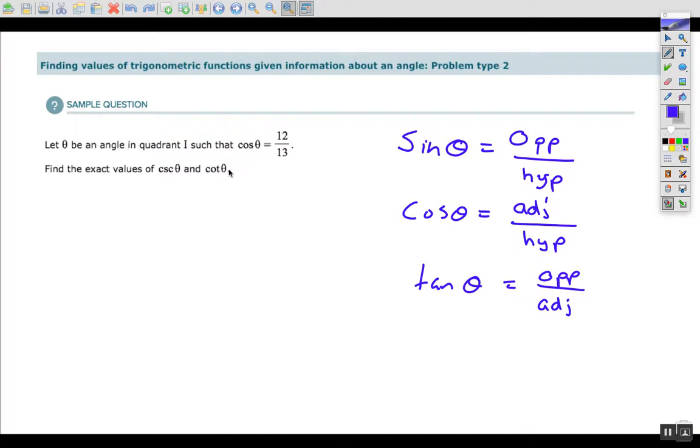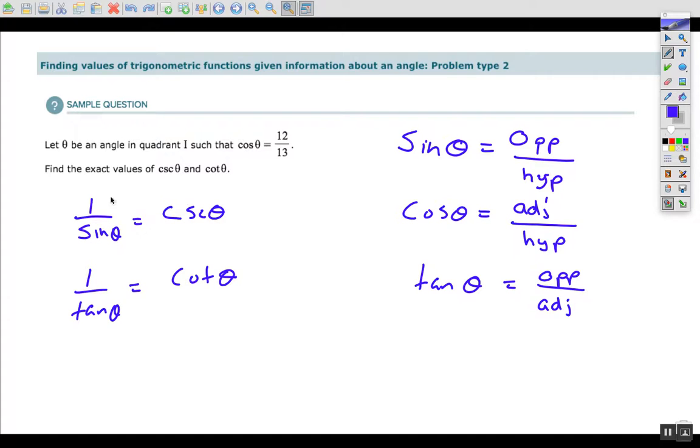Cosecant and cotangent are two of our reciprocal trig functions. 1 over the sine of theta is equal to cosecant theta, and 1 over the tangent of theta is equal to cotangent theta.